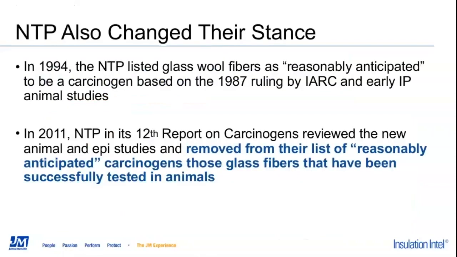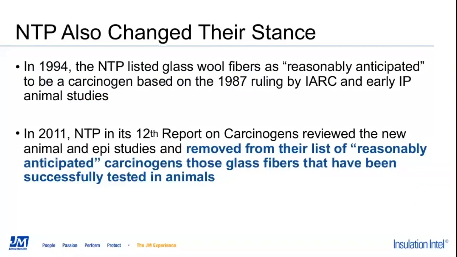We talked a little bit also about the National Toxicology Program. As we said, in 1994, NTP followed the 1987 ruling by IARC and classified glass wool fibers as reasonably anticipated to be a carcinogen.